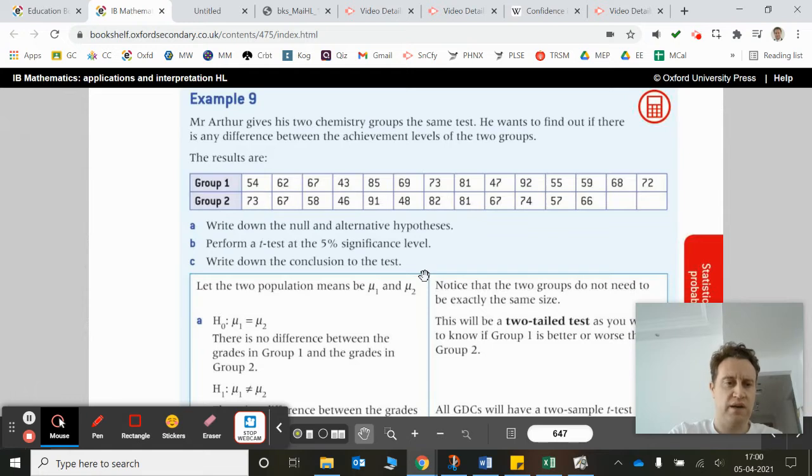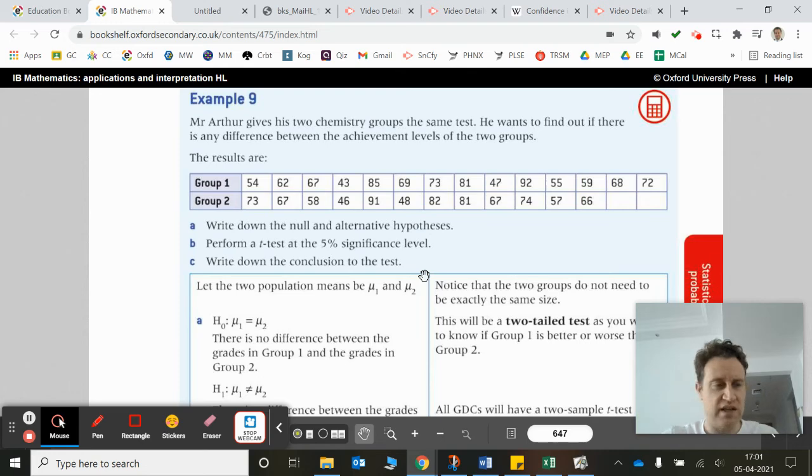So list 1 is in A. I didn't rename anything. And list 2 is in B. Frequency is 1, so each of these results occurs once. Frequency in list 2 is 1 as well. The alternative hypothesis is standard. It's set as mu1 is not equal to mu2.